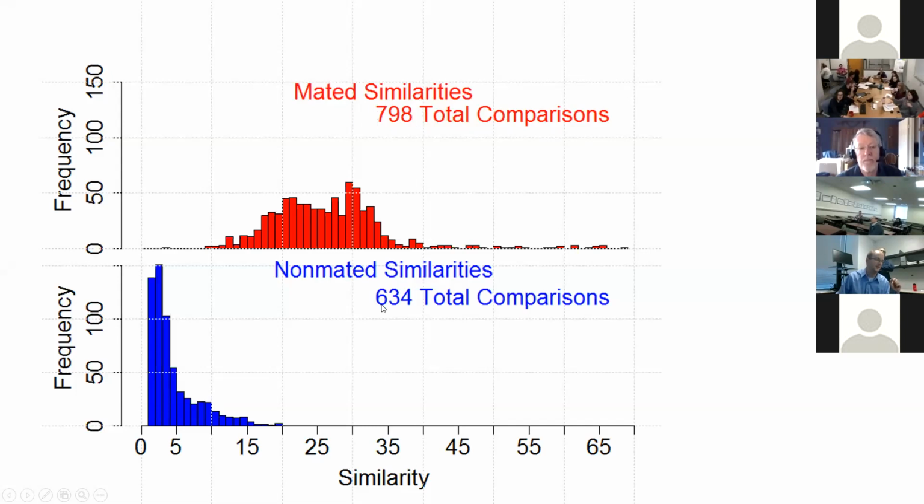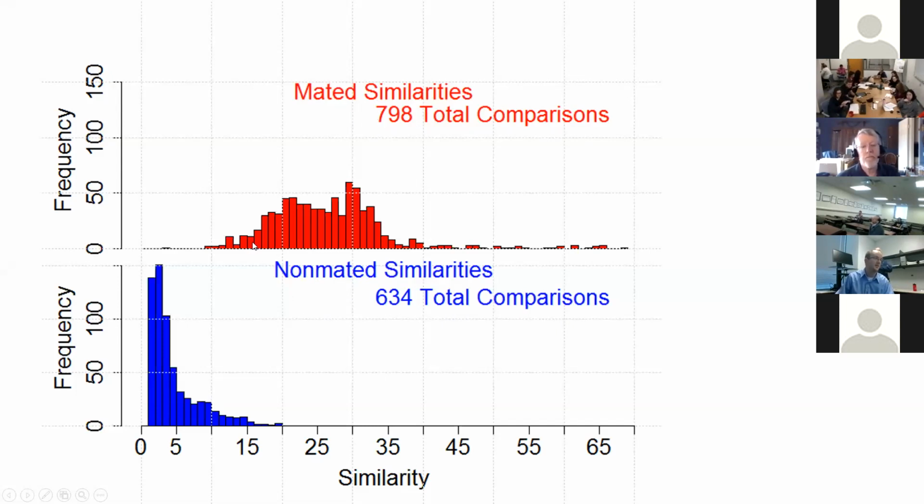And I've conducted 634 total comparisons where the fingerprints were made by different fingers. And in each comparison instance, the algorithm outputs a number measuring the degree of similarity.